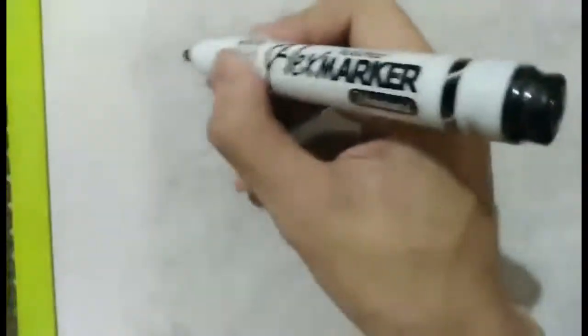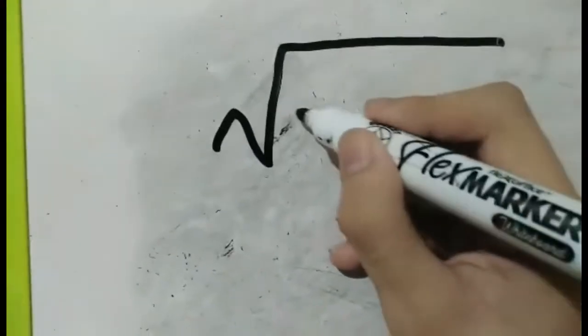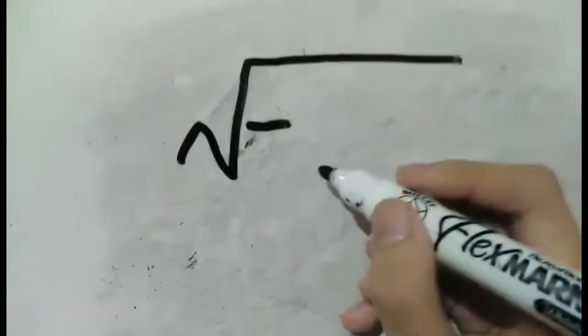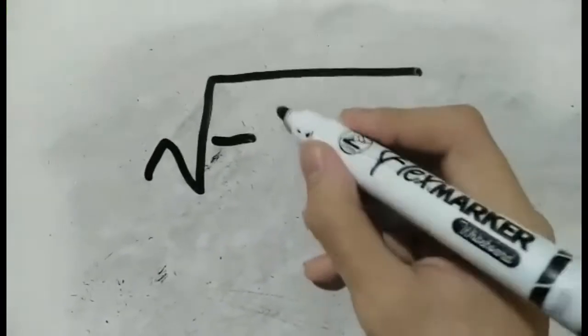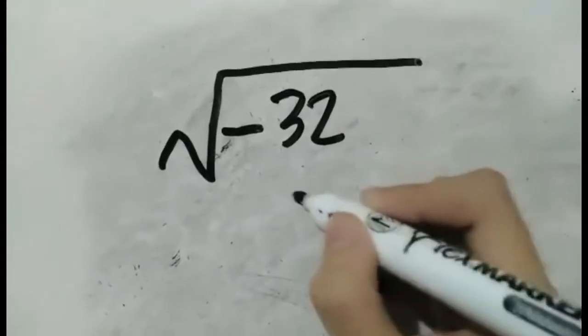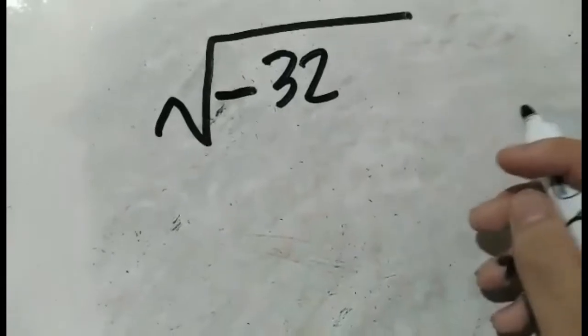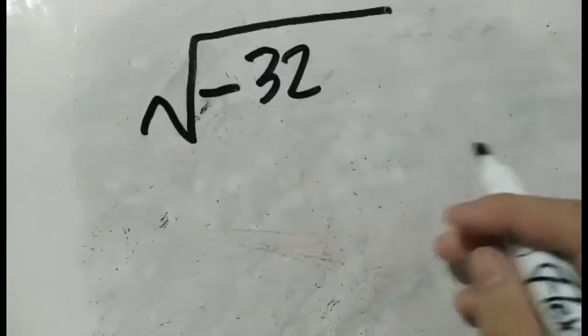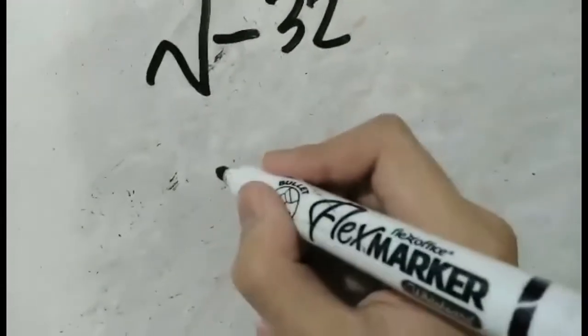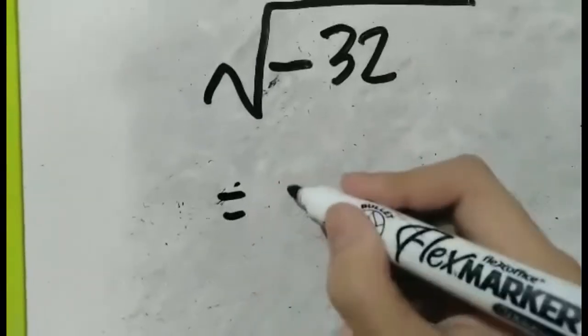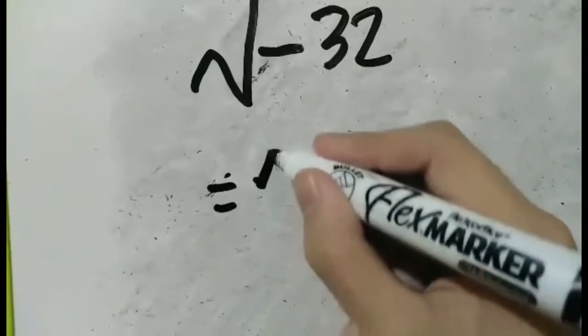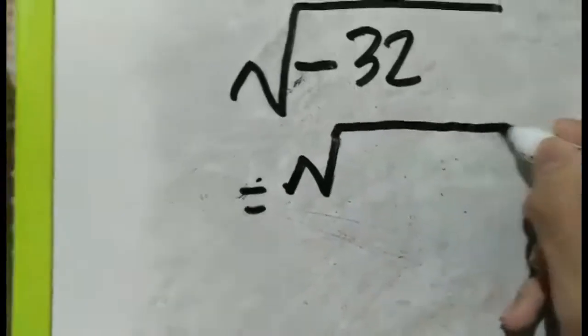So now, what if we have negative numbers? Say the square root of negative 32. Well, we already know that 32 is 5 2's and we need an odd number. So this could become many different things.